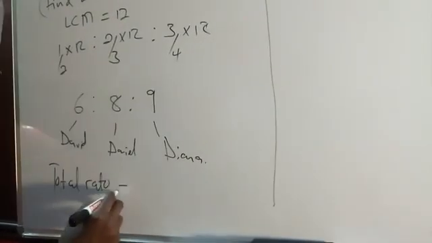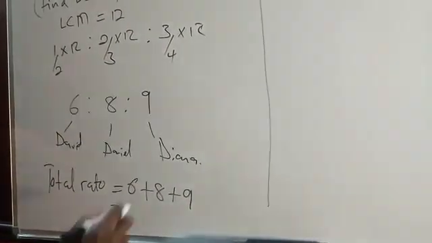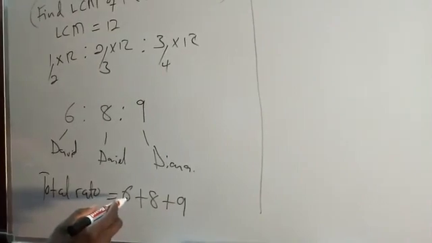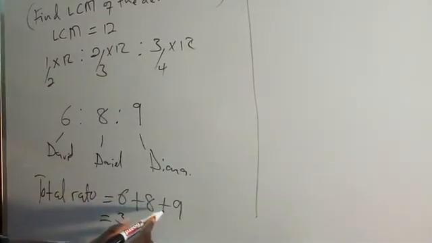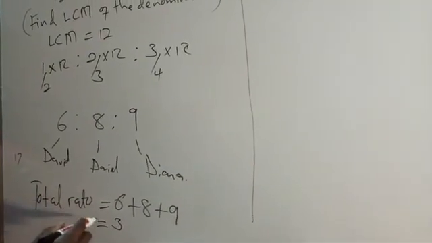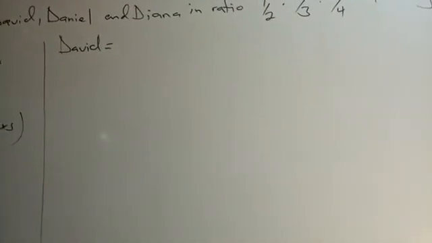The total ratio will be 6 plus 8 plus 9, which is 23.